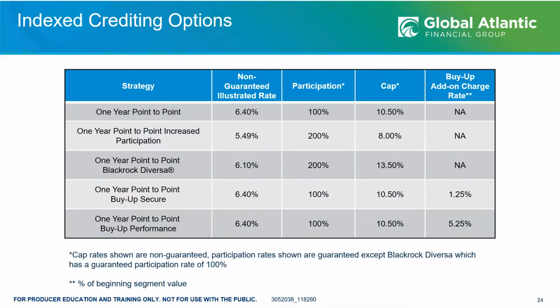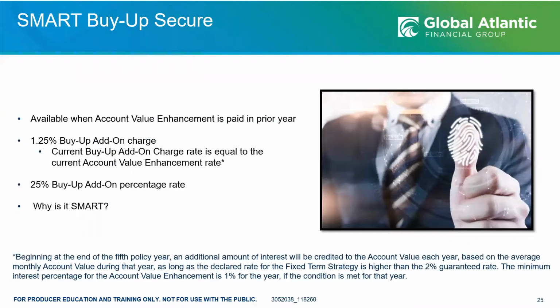The first one we call Smart Buy-Up Secure. The reason we call it secure is because we believe there's still some security. We've been able to mostly maintain that traditional IUL value proposition of zero is your hero. The buy-up add-on charge, or asset-based charge, is 125 basis points, 1.25%.